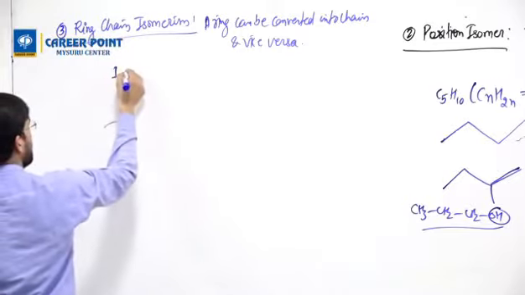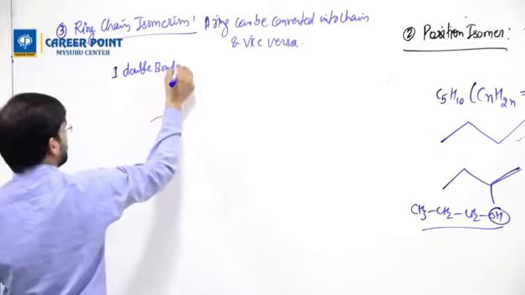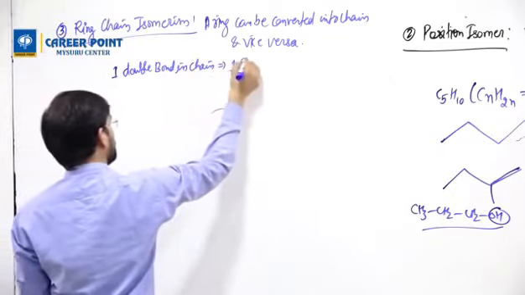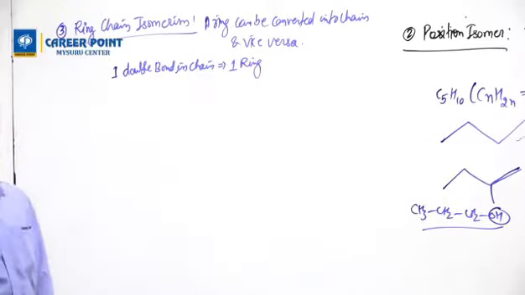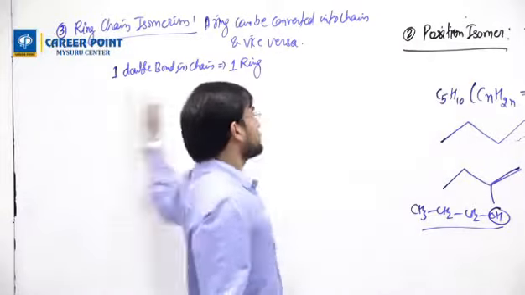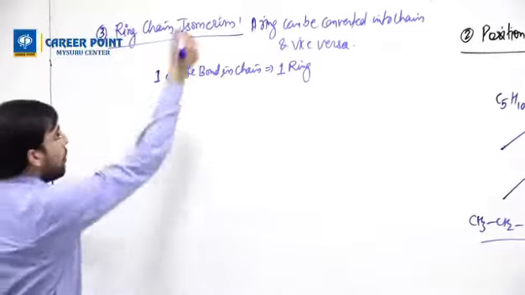If you have one double bond in chain, it is equal to one ring. One double bond in chain equals one ring.